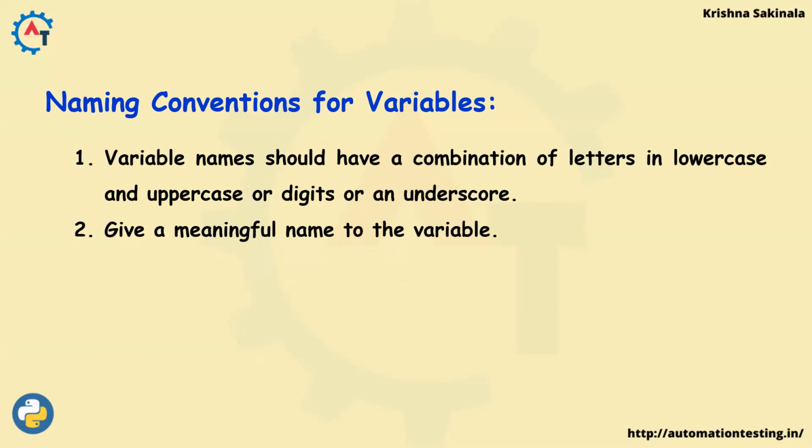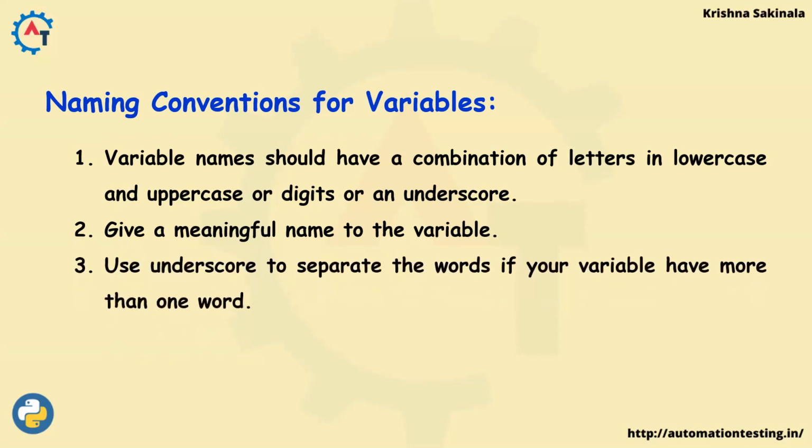You should give a meaningful name, because only then, if you revisit your code, will you understand for what purpose you wrote it. Use an underscore to separate the words if your variable has more than one word. For first name, you can give first underscore name. For roll number, roll underscore number.